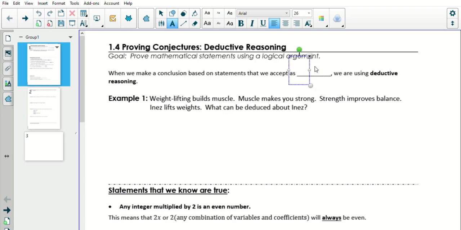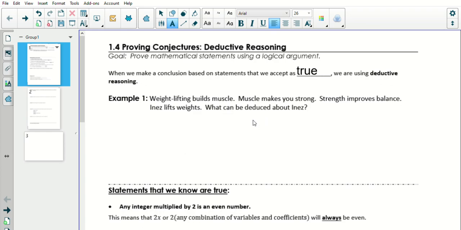Conclusions are generally based on a series of statements that we accept are true. And if we do that, we call that deductive reasoning.